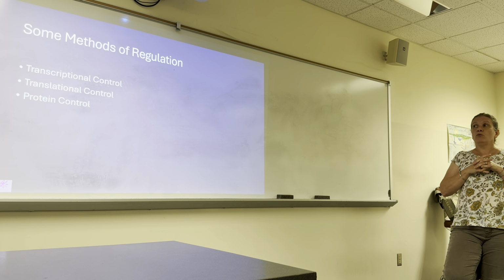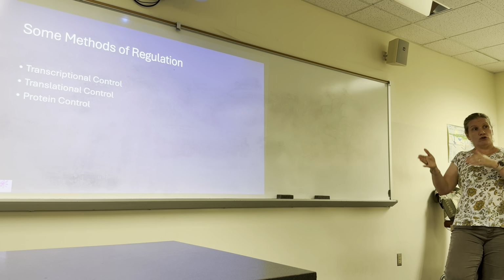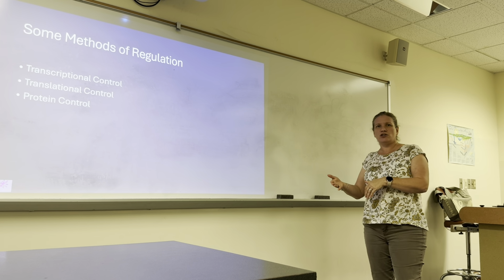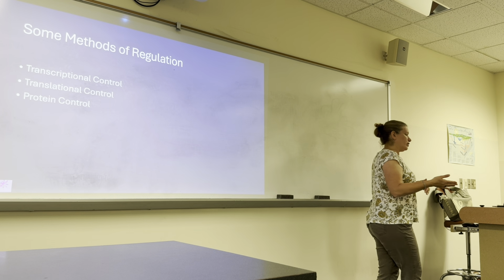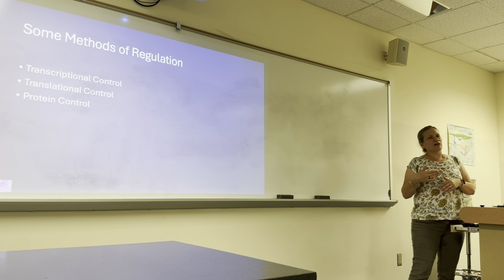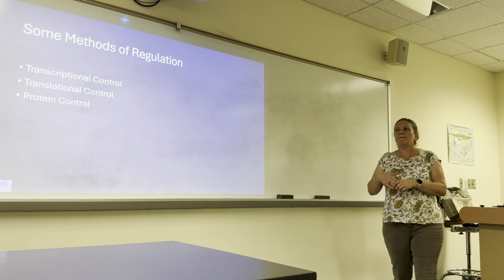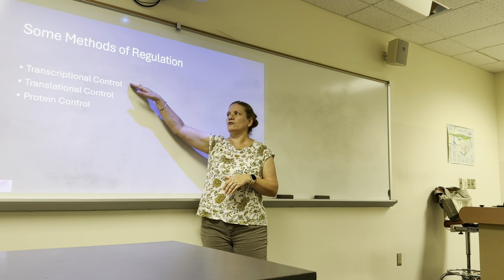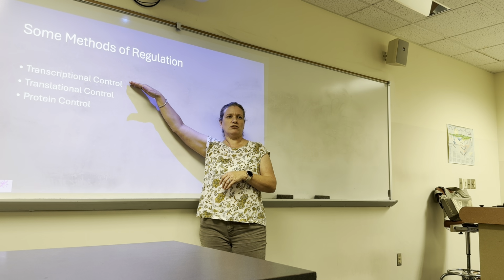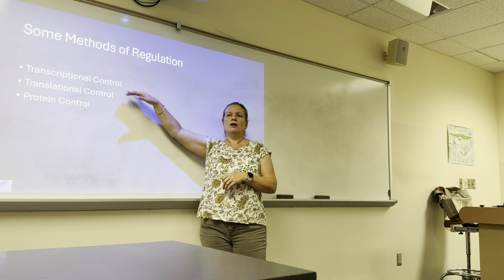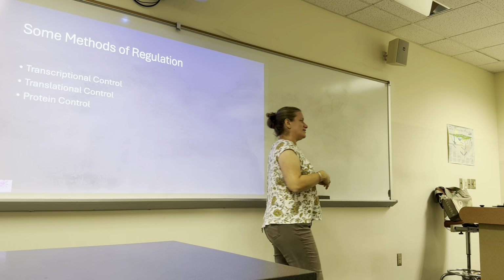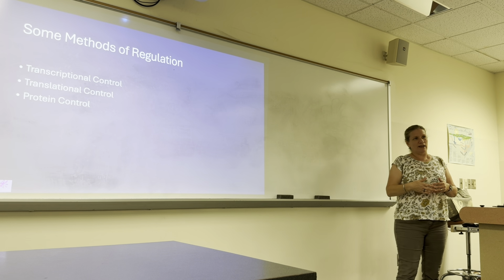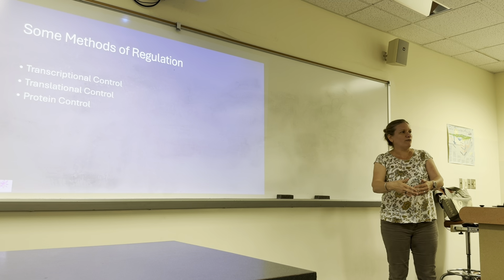Translational control would be where transcription occurs, but then when it comes to translation, it's blocked in some way or other. This is used by the cell, but less frequently, because now you've still expended the energy to make the messenger RNA. If you want to stop a process with the least amount of energy, you don't go halfway.